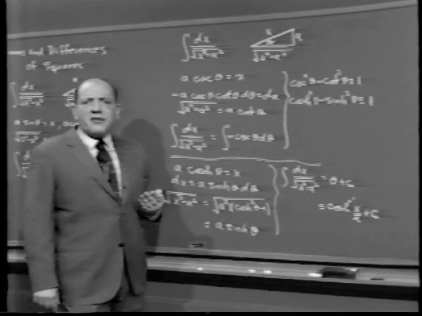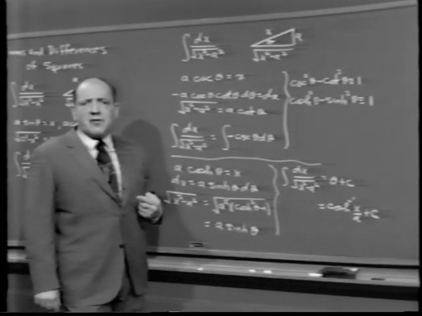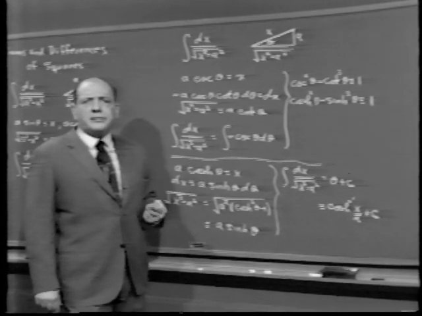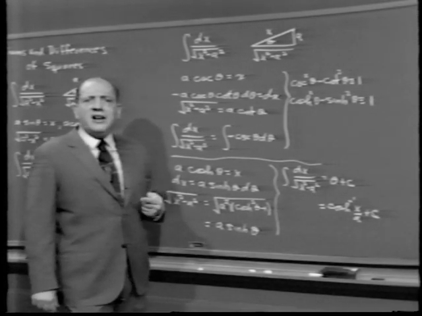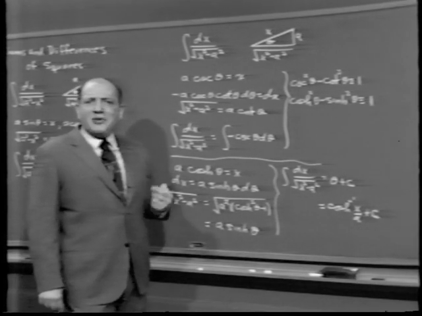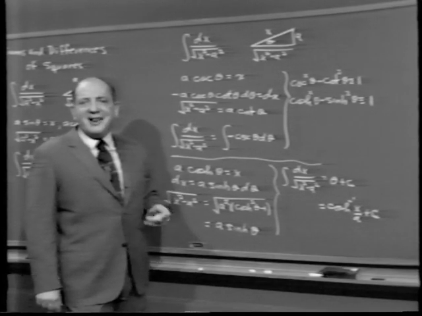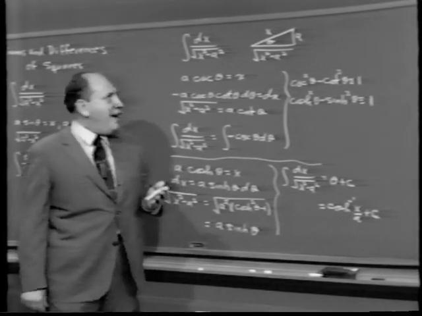As a result, whenever I see the sum or difference of two squares, I always think in terms of a triangle. I make a circular trigonometric substitution. If that works for me, fine. I haven't lost anything. If it doesn't work for me, it gives me the hint that I can't seem to get in my own mind without this hint as to which hyperbolic function I should use. Let me show you this in terms of this particular example.